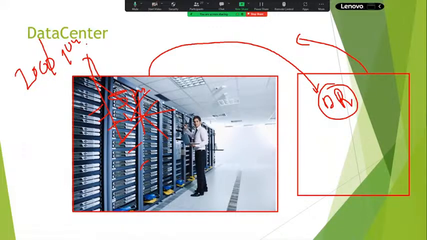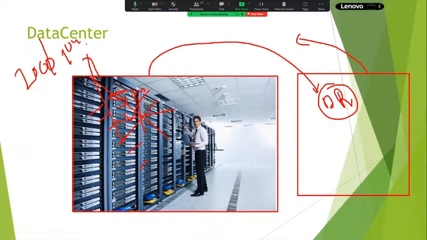Even though it collapsed, the US did not lose even a single record. Whatever debits and credits were provided by the US, they haven't lost such related data. Why? Because they were already maintaining disaster recovery, another data center.